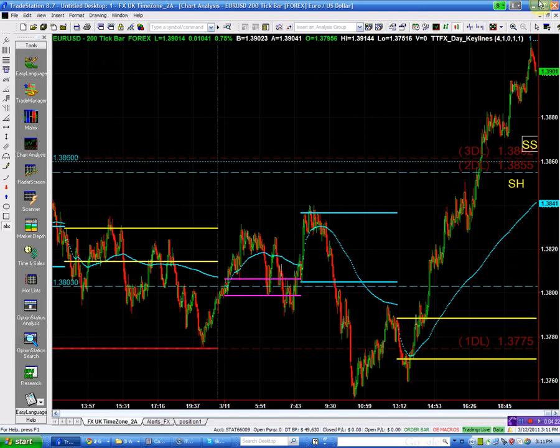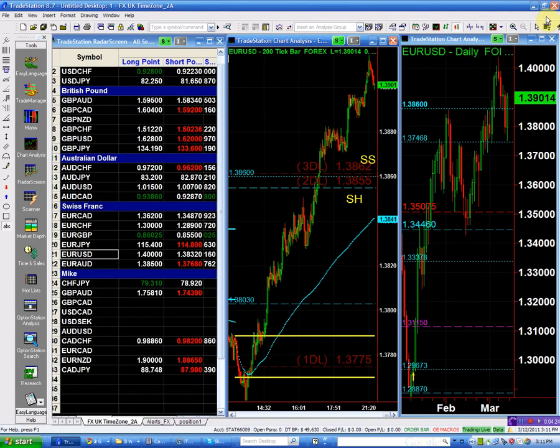As far as my buying point, this is now the little bit tricky point, because this is a pattern that looks positive, but it has to confirm itself.